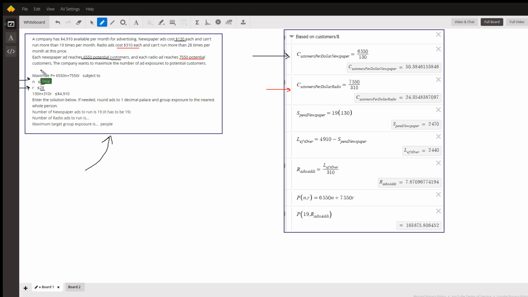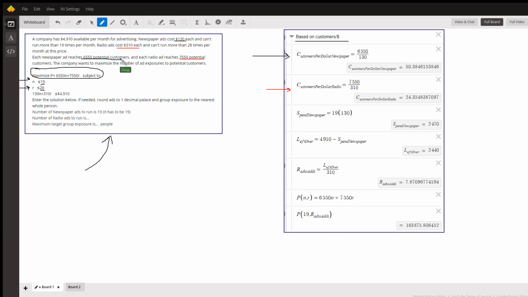And this is the objective function right here that we want to maximize. What combination of N and R will give us the most exposure? Okay. So one way to do it is based on customers per dollar.